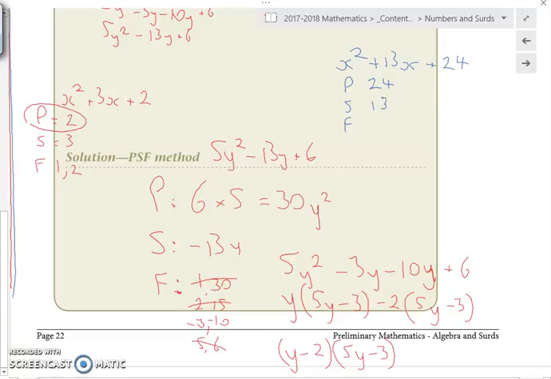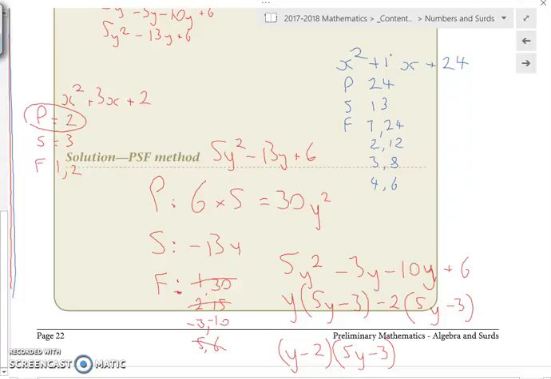What are my factors of 24? 1 and 24. 2 and 12. 3 and 8. 4 and 6. Okay? I have to pick which pair of these, well, they all multiply together to give me 24 because I use the factors. But which ones add up to give me 13?